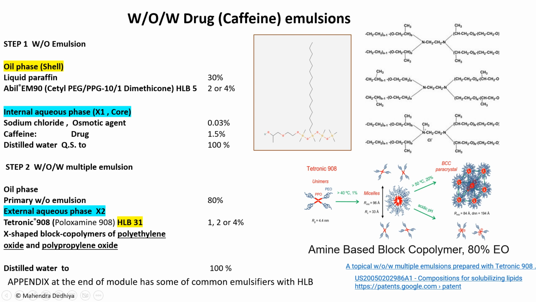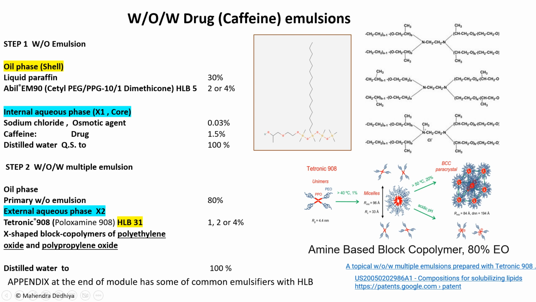In this case, the emulsifier is a dimethicone derivative, Abil EM90, and its structure is shown here on the right-hand side with a dimethicone chain and an alkane chain.